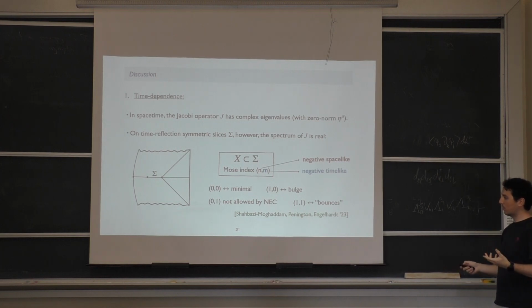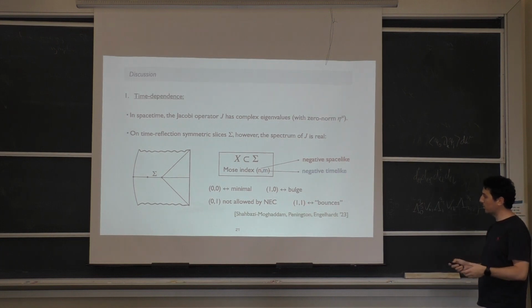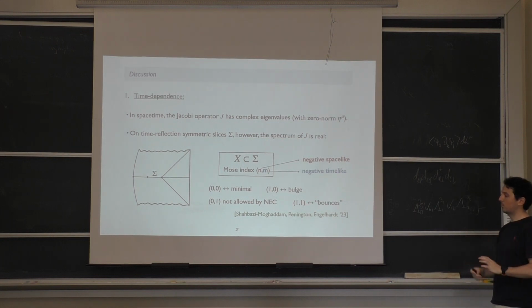These were the surfaces that were called bounces in this paper by Arvin, Jeff, and Netta. And it would be nice to make a connection between this classification and their classification, which was sort of more general. Their classification applied to general situations, not only to time-symmetric situations. But it would be nice to make a connection given that this classification is much more detailed.